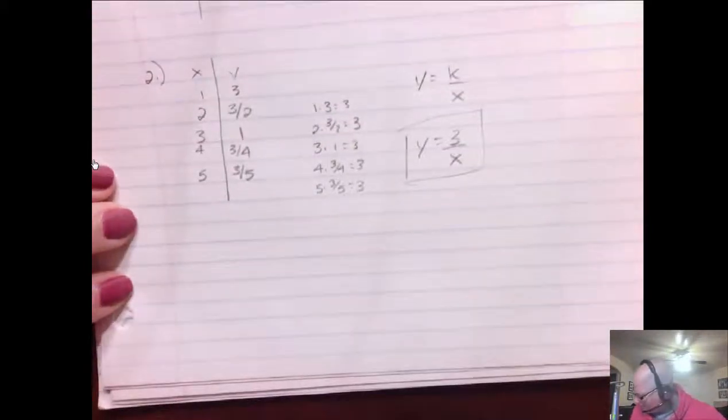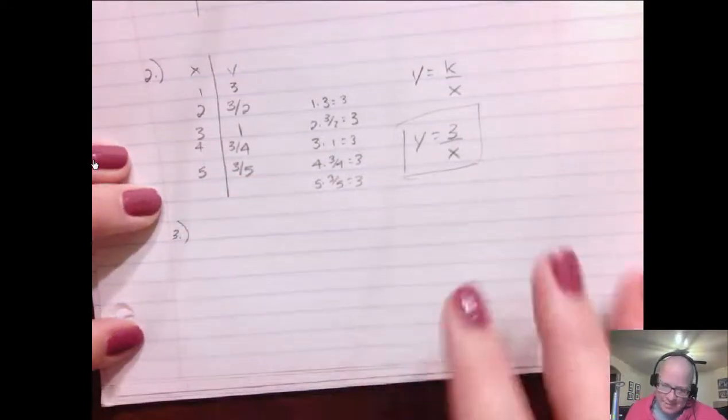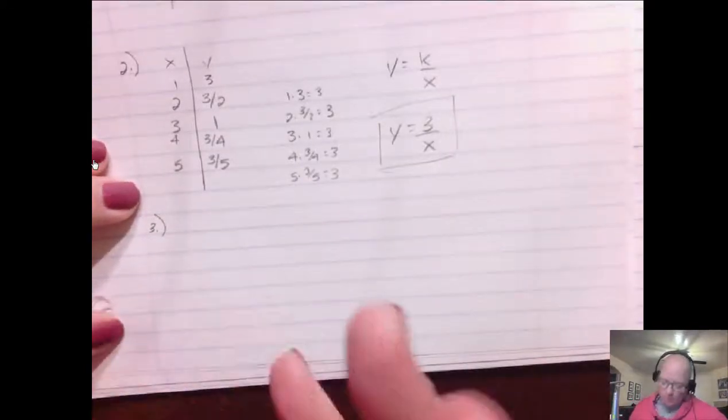All right, so here's another way that you might see it that's a little bit different. So all of them are the same, but now you're going to just see different types of problems for them.